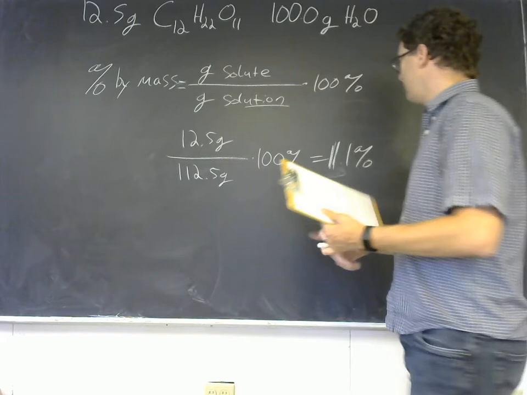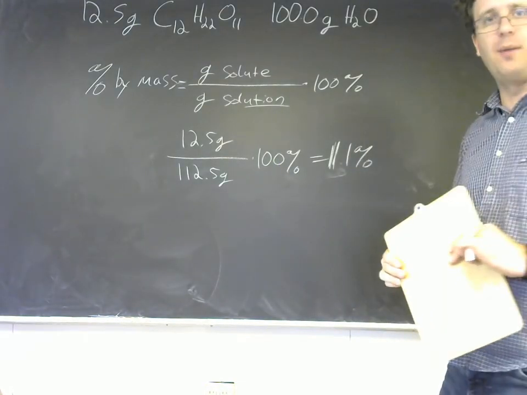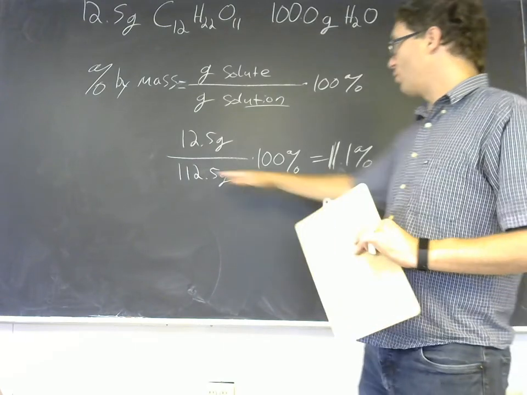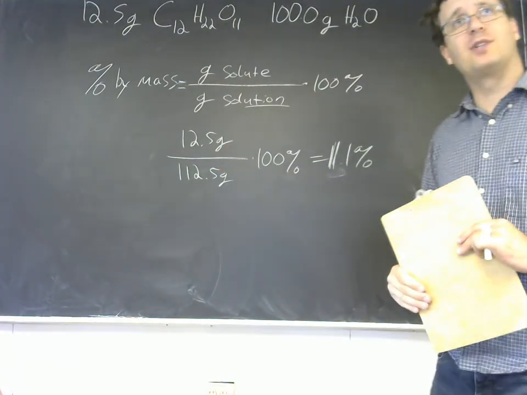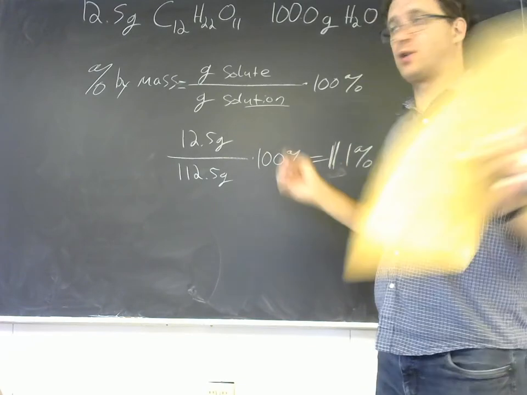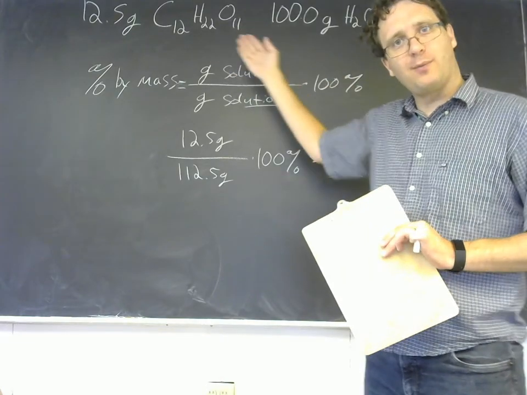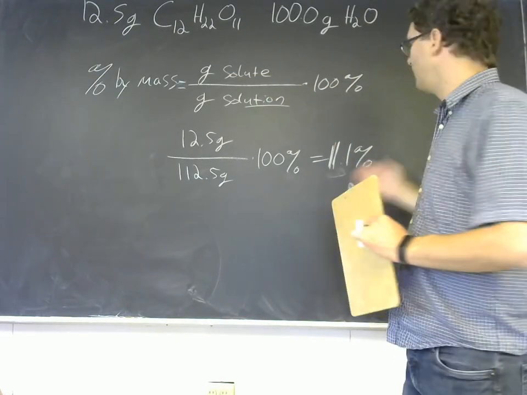So you can take this percentage and scale it up if, instead of a total of 112.5 grams of this solution, maybe you wanted 50 kilograms of this sugar water solution. Well, that 11.1% sugar by mass is going to be an easy way for you to scale that up.